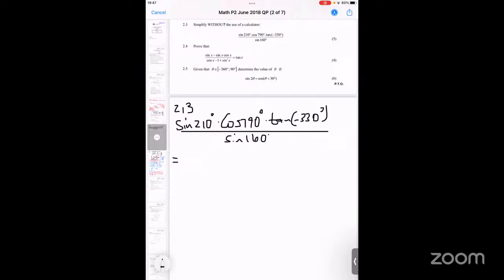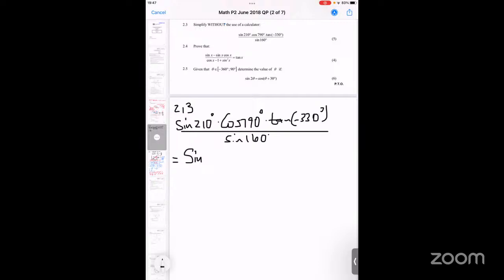Mathematically, you reduce them to acute angles, angles which are less than 90 degrees. If it's bigger than 90, it's no longer acute, so we always need to reduce them to that.